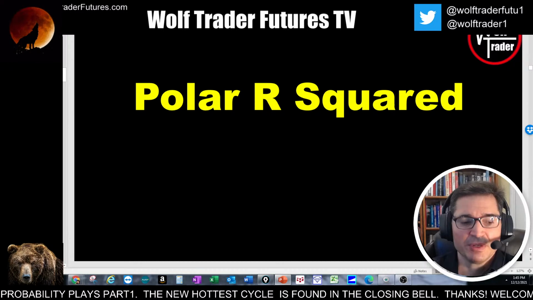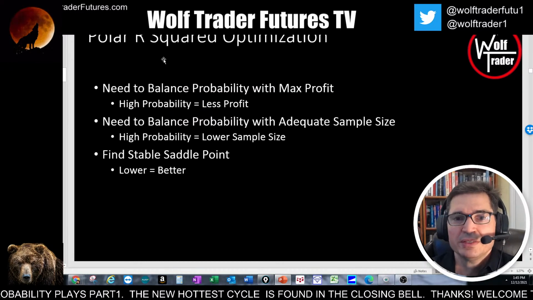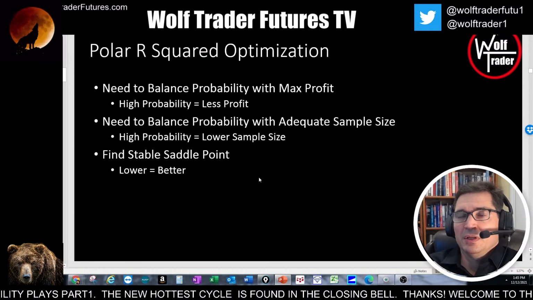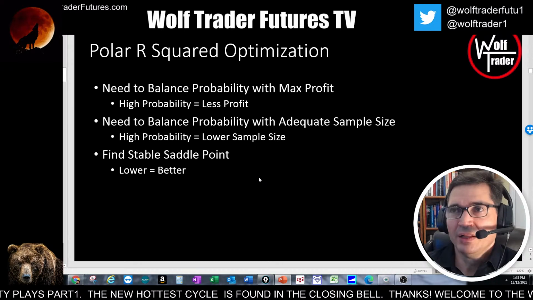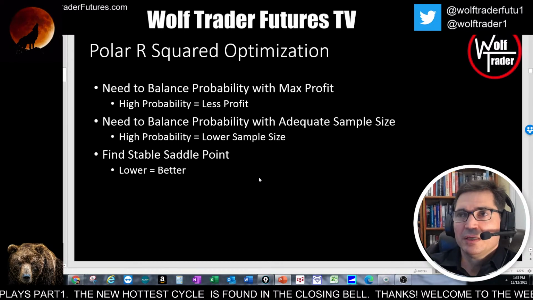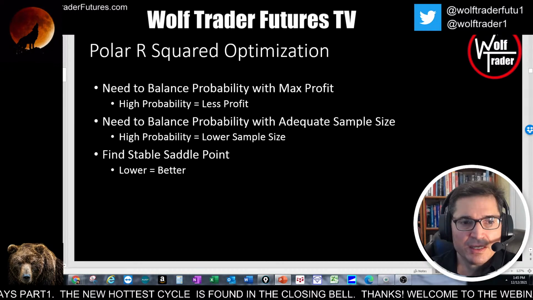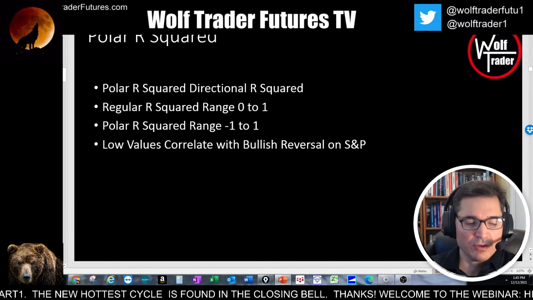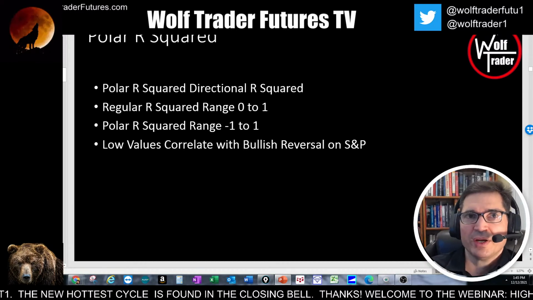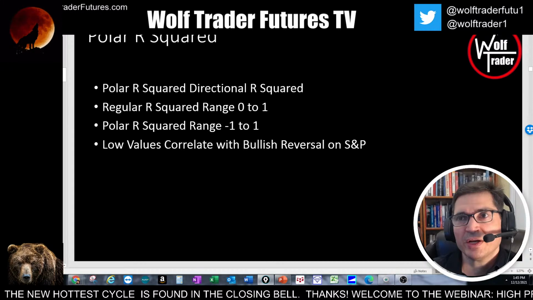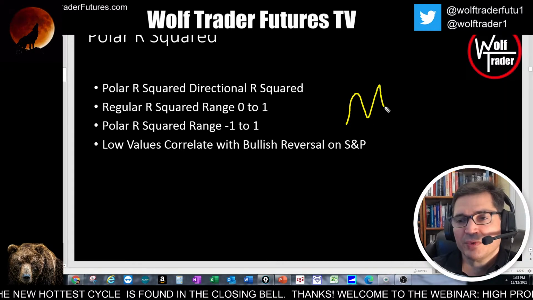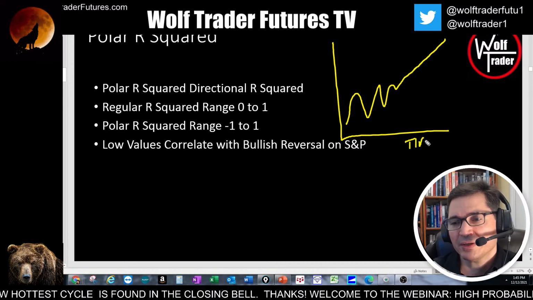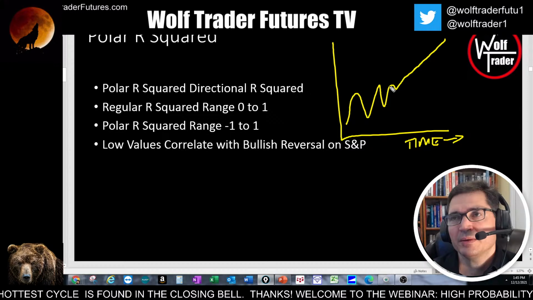So, okay, let's talk about the polar R squared. Polar R squared is an optimization. It's an indicator that I've developed. It's like an R squared, but it has direction. An R squared value goes from 0 to 1. Let's say this is a market across time, and it's waving around and then all of a sudden starts to trend.